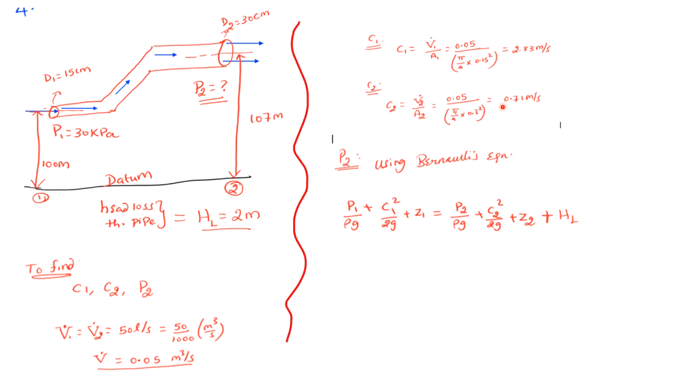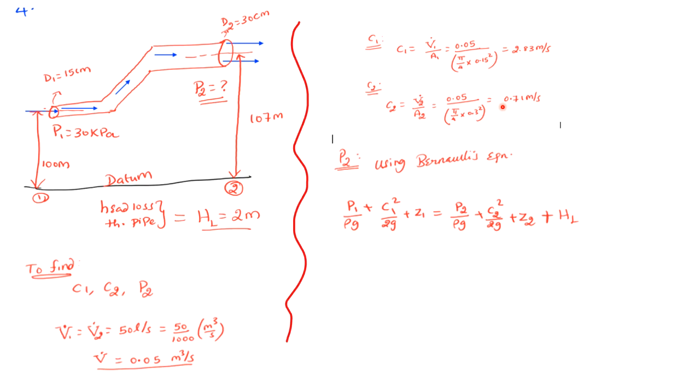Since there is loss, which we usually assume is absent, I've added the head loss over here. We know P1, the density of water, C1, gravity, Z1 of 100 meter, and similarly rho, C2, Z2 and HL.